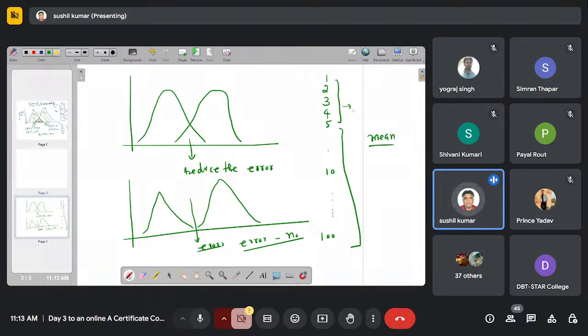When you calculate the sum of values divided by the number of values, then definitely it will be different. So if you calculate the mean, there will be a separation between mu1 and mu2.